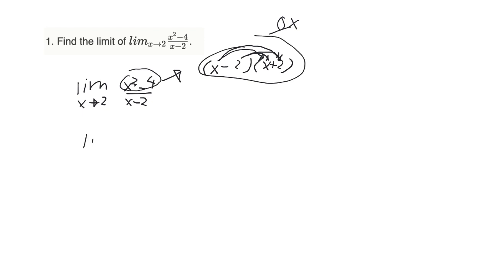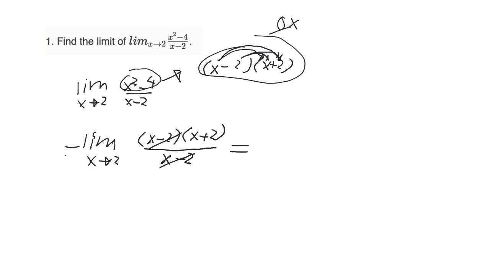So we can rewrite this limit as the limit as x approaches 2 of x minus 2 times x plus 2 all over x minus 2. Now this is great because this means that these two terms cancel, and what we're left with is the limit as x approaches 2 of simply x plus 2.